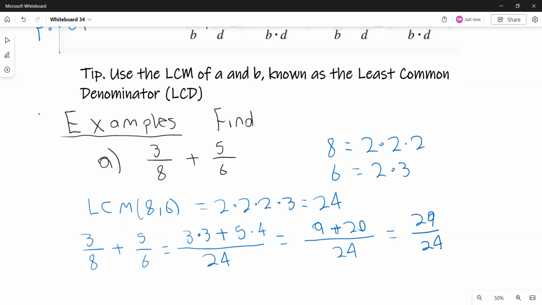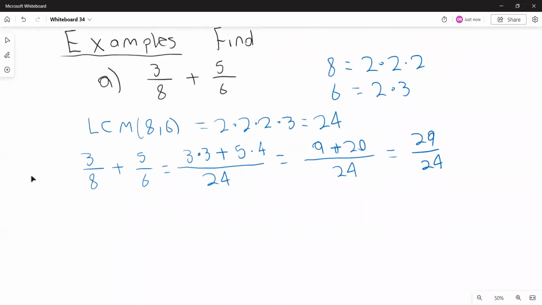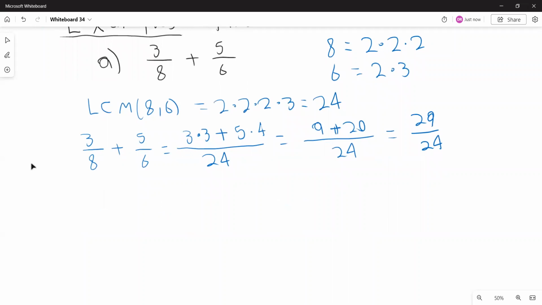So we cannot reduce this fraction any further because 29 is a prime number and it doesn't have any factors that are common with 24. And B.